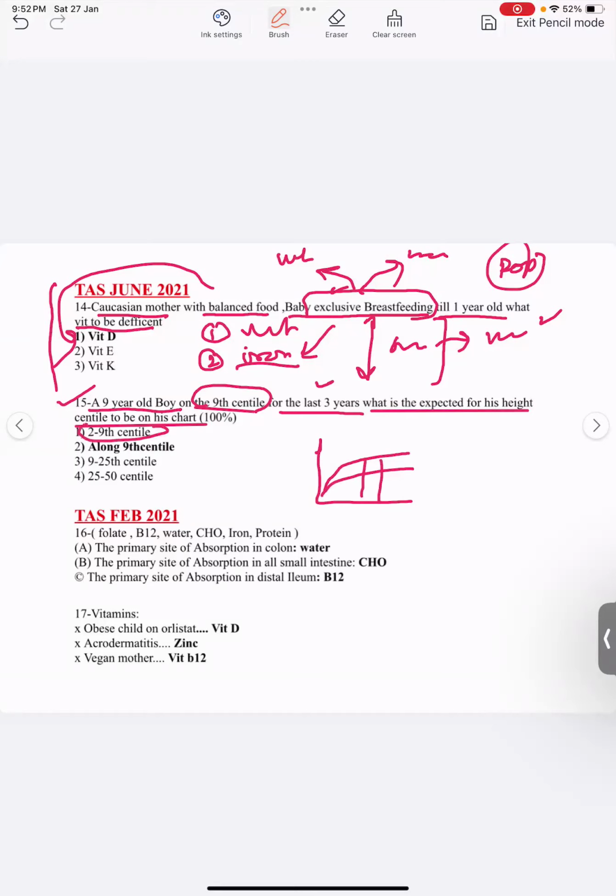We will not expect it to increase to between 9th and 25th centile, or 25th and 50th centile. We will expect it to increase along the ninth centile. This is not any other growth velocity. If it is static for the last 3 years, we will expect it to be at the same centile this year too.